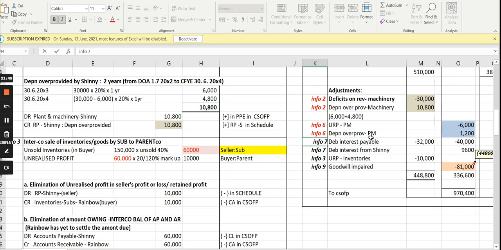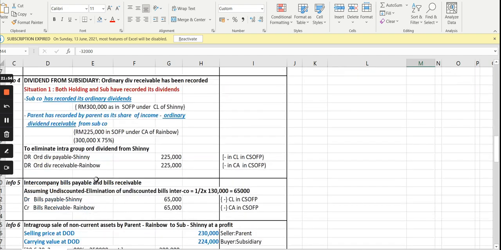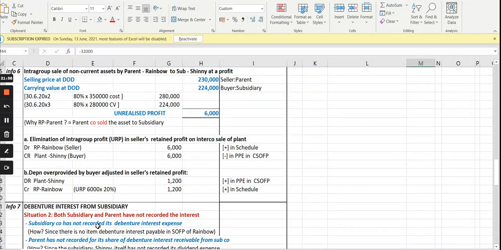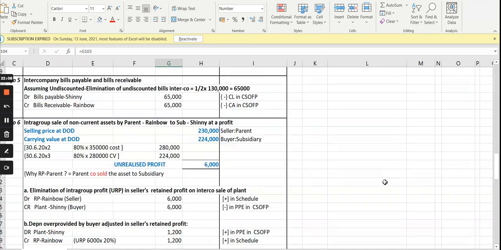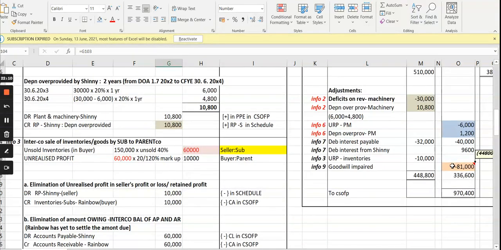Debenture interest payable by subsidiary was 32. Look at number 7. And this is the one that is shared by the parent, 9,600. And this 9,600 must be shown in the parent's retained profit.